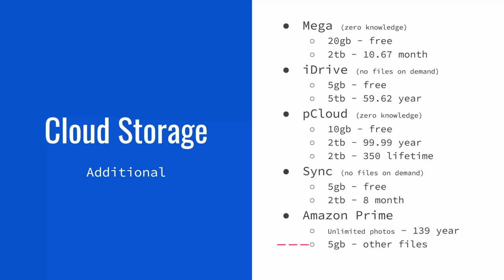And the real reason for people to use Mega is, one, its pricing is in line with all the others, but it has a zero knowledge system. What that means is the cloud provider has absolutely no clue what files you have stored in the cloud.